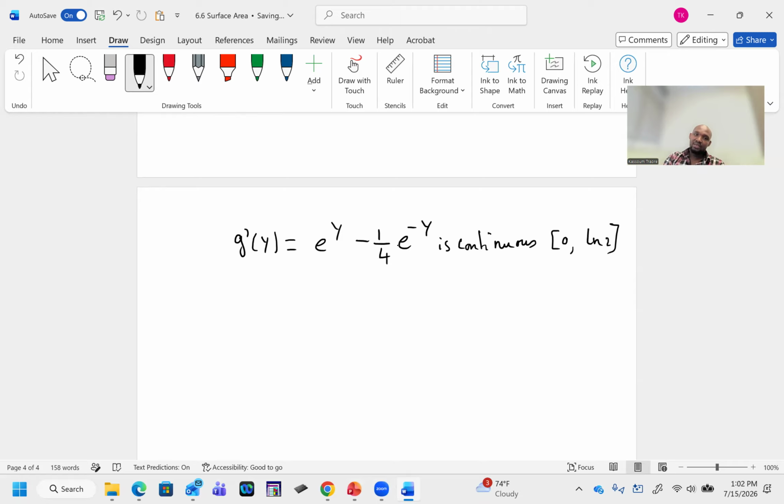So now my S would be equal to, don't forget, the integral from c to d of 2 pi g of y times the square root of 1 plus g prime of y squared dy.